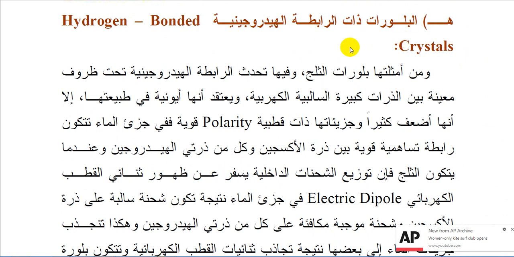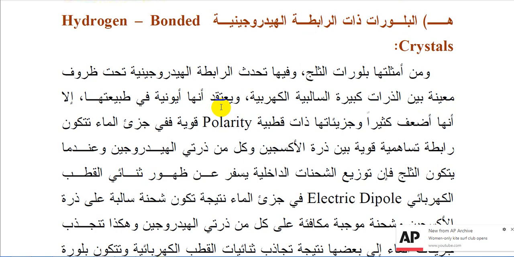Hydrogen bonded crystals, such as ice crystals, in which the hydrogen bond takes place under certain conditions between the electrically negative macro atoms.